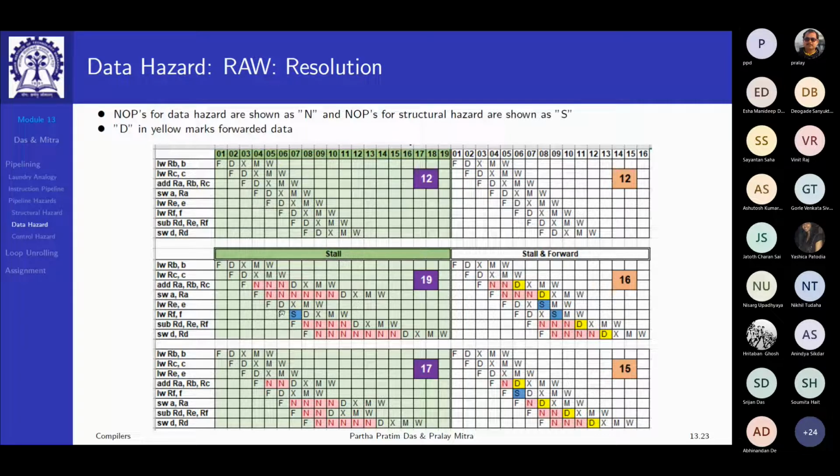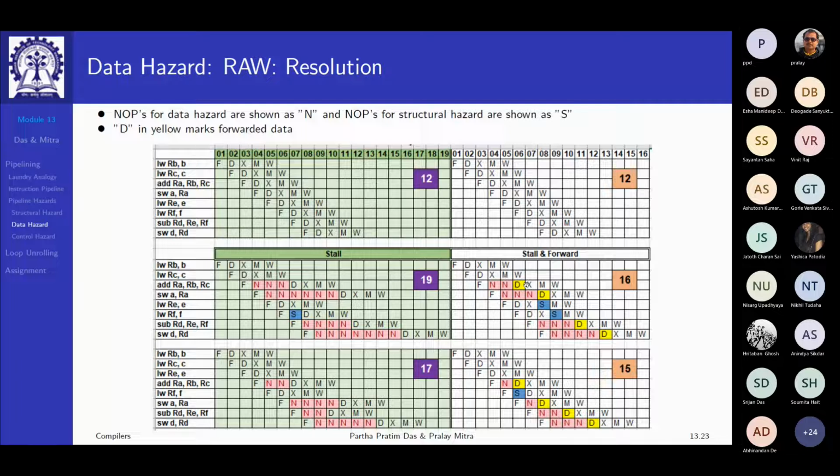Now, if we look at the store, in the store also we were waiting until after the write back, but we can observe that since add has been performed in the ALU in cycle 7, that execute stage of add itself has the value that will eventually be set to RA.